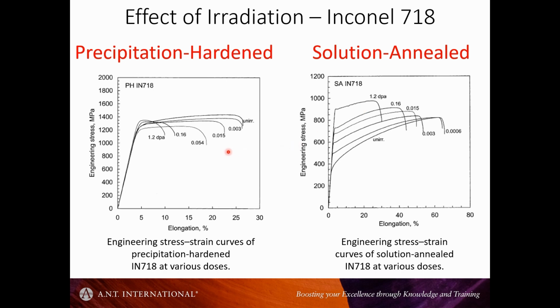Whereas in a precipitation hardened material, it's already strong anyway, so the radiation doesn't really add too much. But what radiation does do is reduce the ductility, because you're adding to the number of barriers, which are not really increasing the strength, but certainly reducing the ductility.